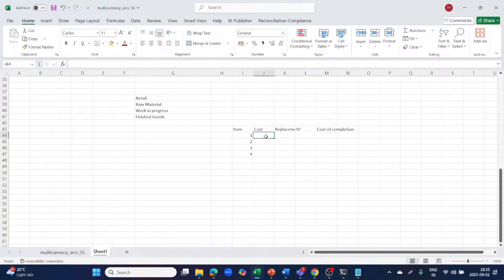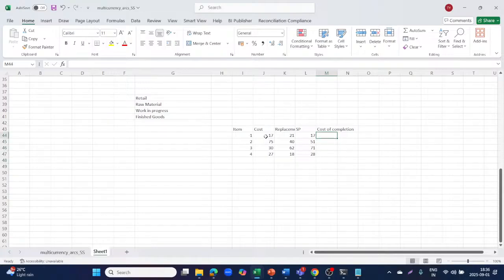Okay, so cost, suppose it's 17, then it is 75, then you have 30, and then 27. Replacement, if you do the replacement, you will get 21, 40, 62, and 18. Selling price will be 17, 51, 71, 28.